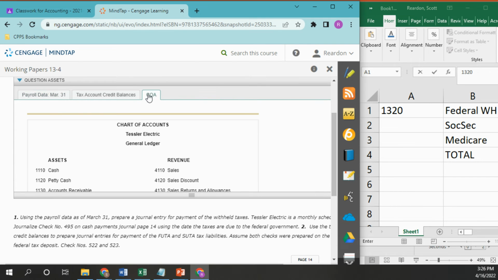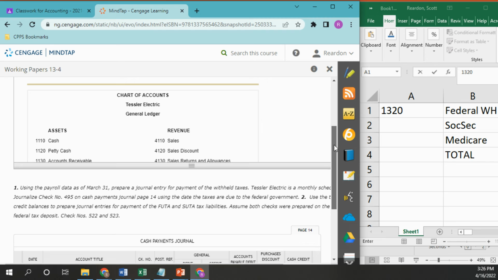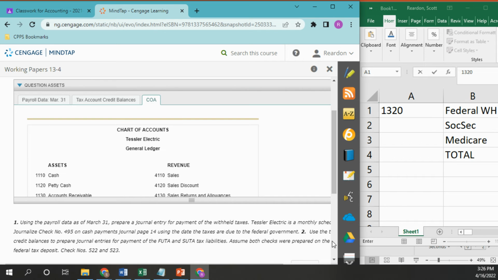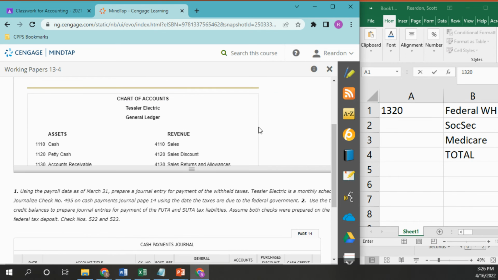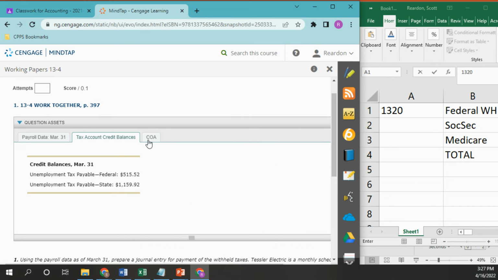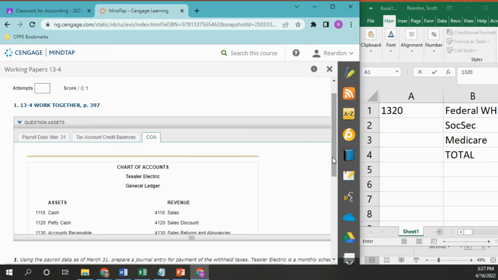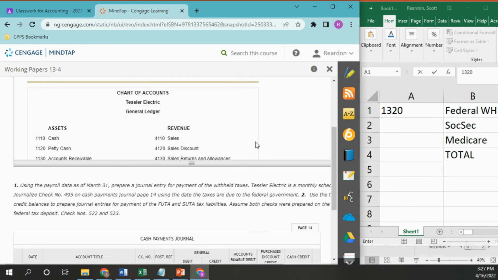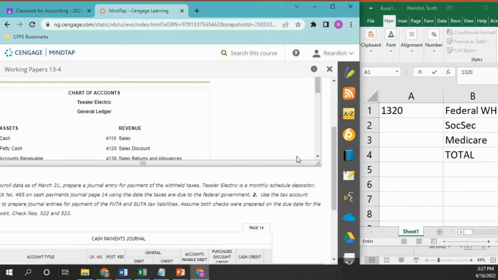And let's check my chart of accounts here. The federal piece is going to be what? Unemployment tax payable federal. For some reason, that's not scrolling for me. I guess I need to scroll over here. There we go.